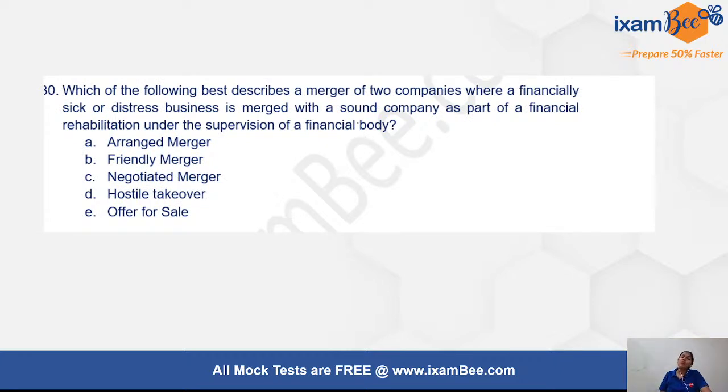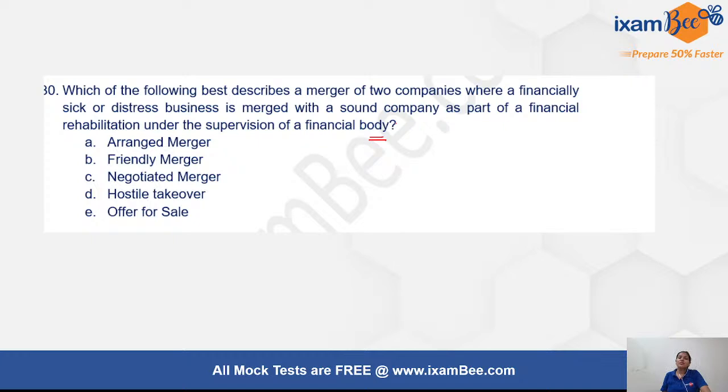The last question of 1 mark that came last year was related to a merger, where they had given a definition and asked which type of merger this is. What is a merger of two companies called, where one is a financially sick or distressed business and it is being merged with a good or sound company as part of financial rehabilitation under the supervision of a financial body?